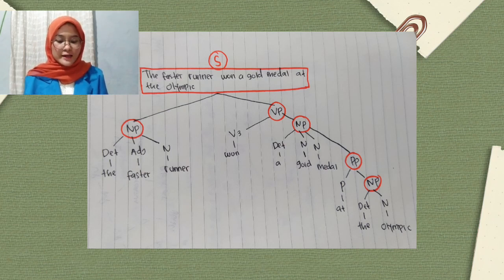In the noun phrase, the determiner is the, the adjective is faster, the noun is runner. For the verb phrase, won is a verb 3, and the noun phrase: a is a determiner, gold is a noun, medal is a noun too. And we have a PP or prepositional phrase: the preposition is at, and the noun phrase has a determiner, the, and Olympic is a noun.